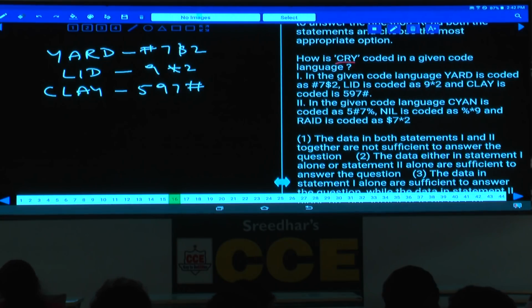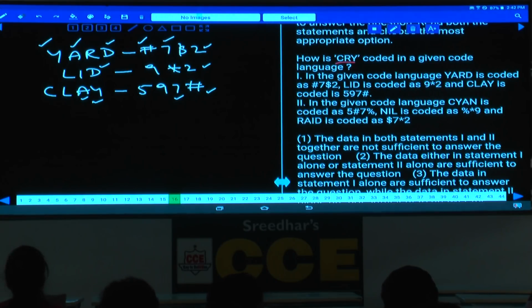Now Y is the first letter in the word yard, and here Y is the last letter in the word clay. First place, last place: here first place is hash, last place is hash. Again, D is the last letter here and D is the last letter here, and 2 is the last place. And here A is here and 7 is here.